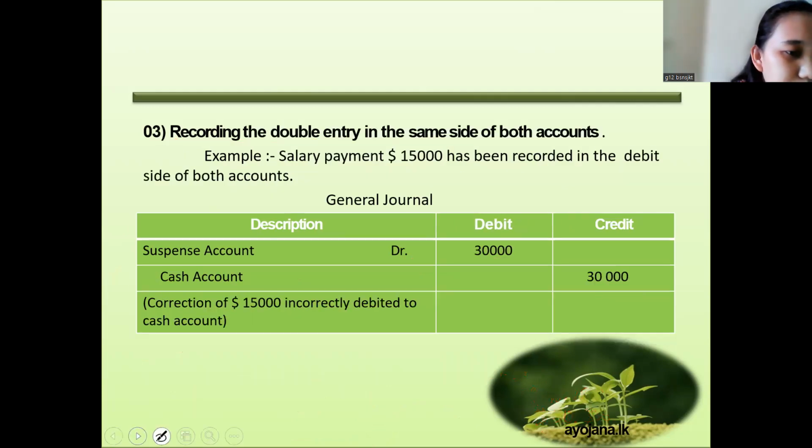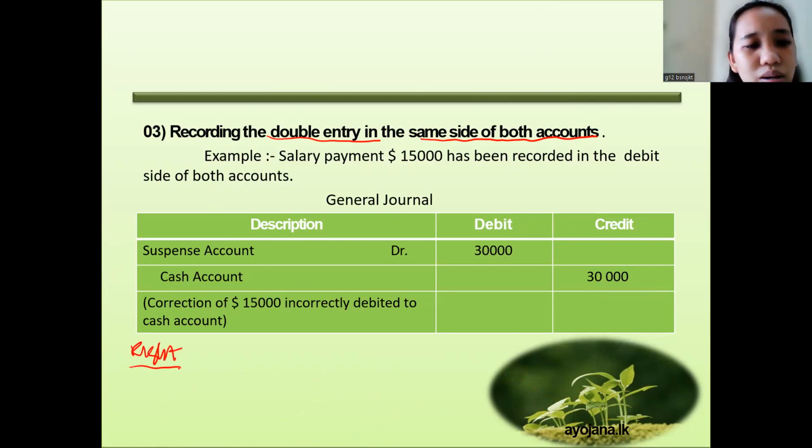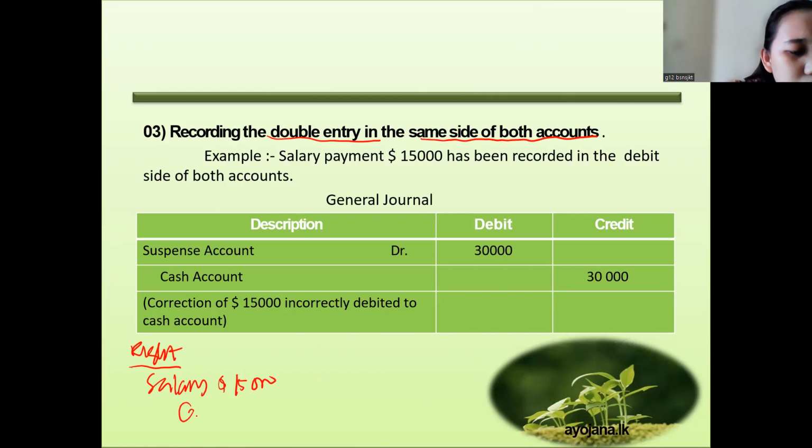The third one is recording the double entry on the same side of both accounts. For example, salary payment. Let's find out the right entry. When we pay the salary, it's supposed to be salary on the debit side 15,000 and then cash 15,000 on the credit side.